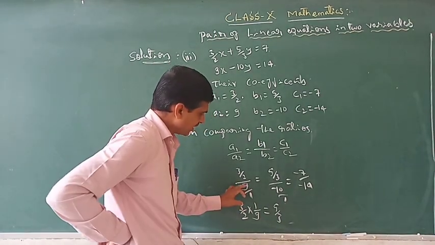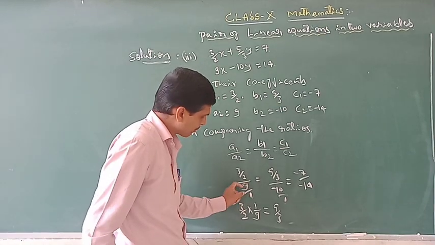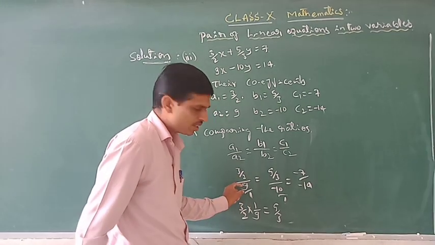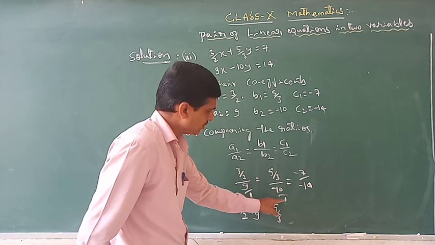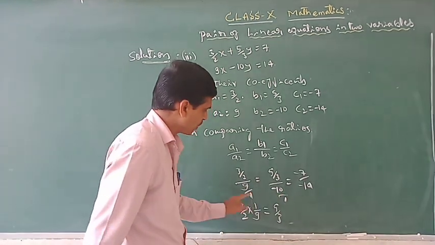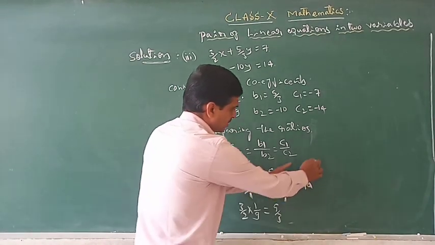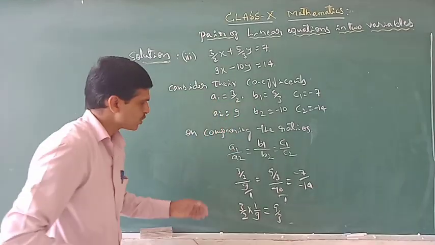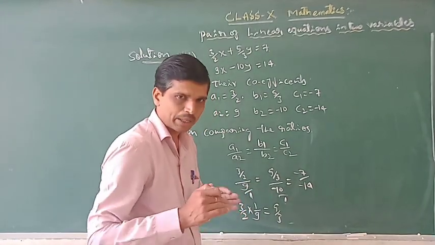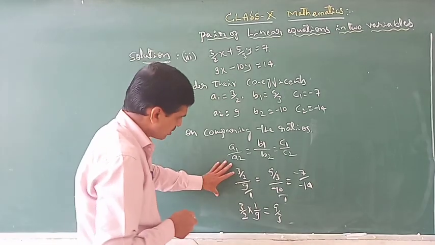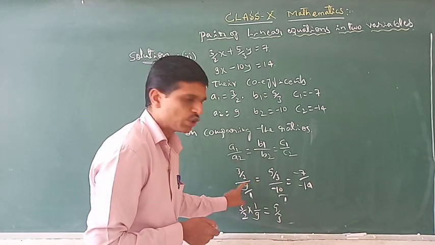Instead of 9, I took 9 by 1, which is the same value with 1 as the denominator. Here too, minus 10 is written as minus 10 by 1. So in order to simplify these ratios, I will convert division into multiplication.